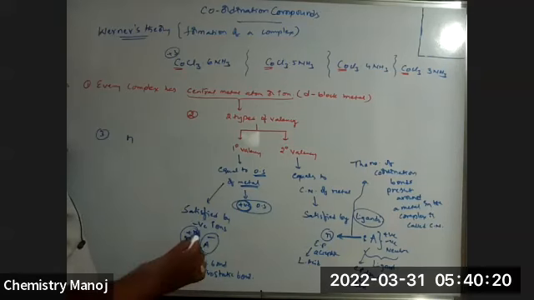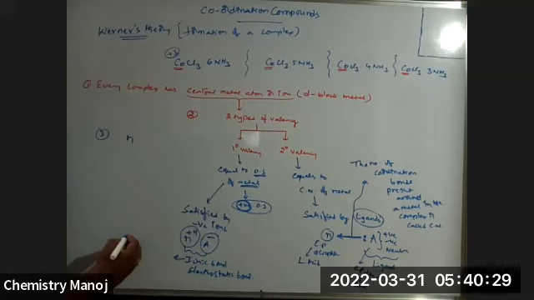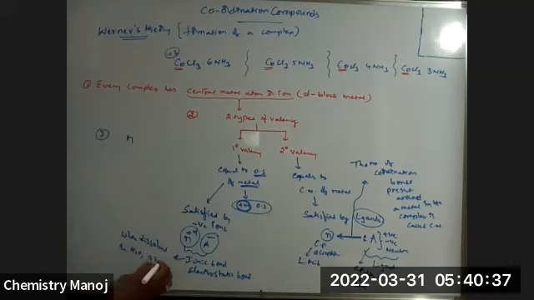So that means the metal ion and negative ions are attracted by an ionic bond. This ionic bond, when dissolved in water, gives respective ions. That means it breaks down into respective ions.